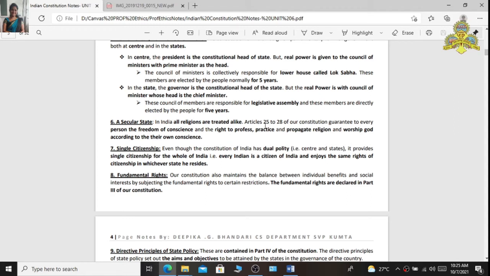Okay, article 25 to 28, it explains that to every person the freedom of conscience and the right to possess, practice and propagate religion and worship God according to their own conscience. Okay, according to article 25 to 28, ಇದೇನು ಹೇಳ್ತದೆ ಅಂದ್ರೆ ಫ್ರೀಡಮ್.